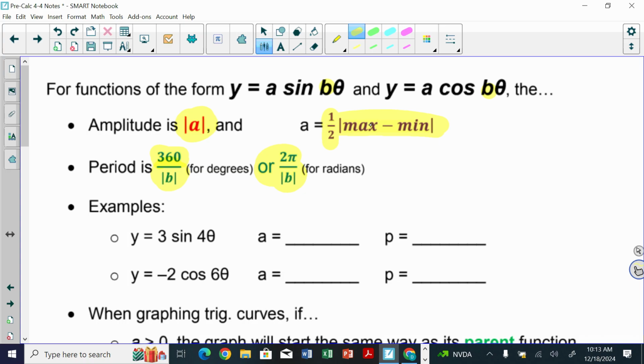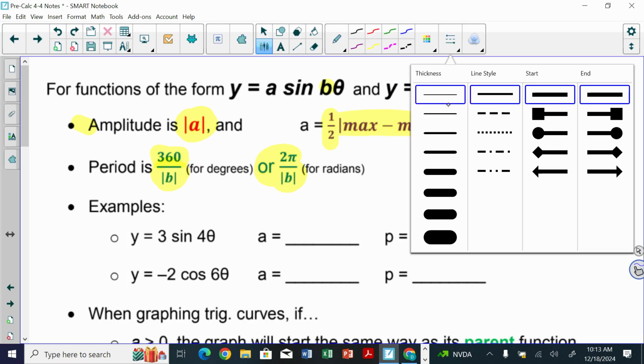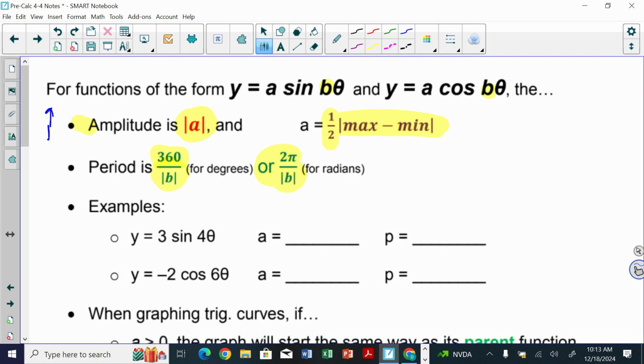So this is going to stretch it, so how long the period is, and the amplitude is about how high or low it goes. This is how high and how low the curve goes, and this is how long the period is, okay?